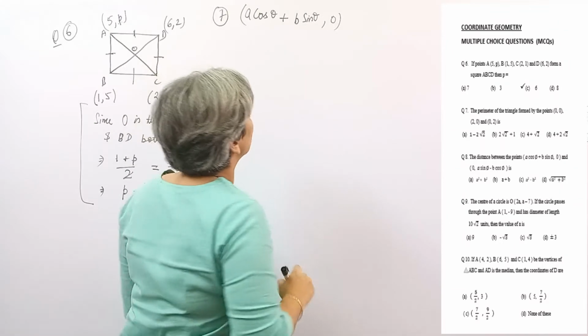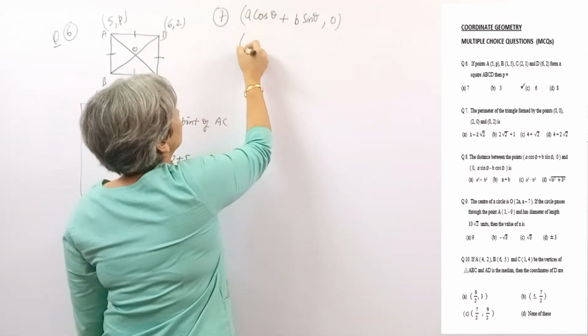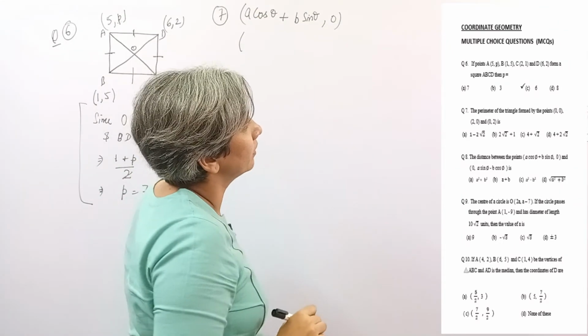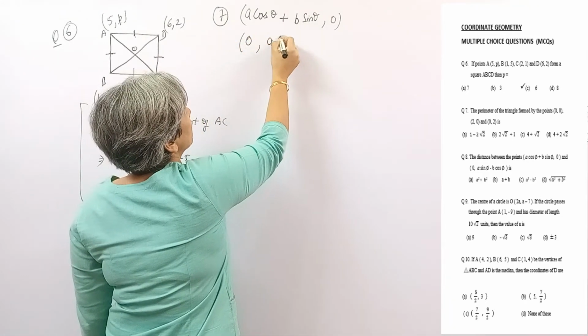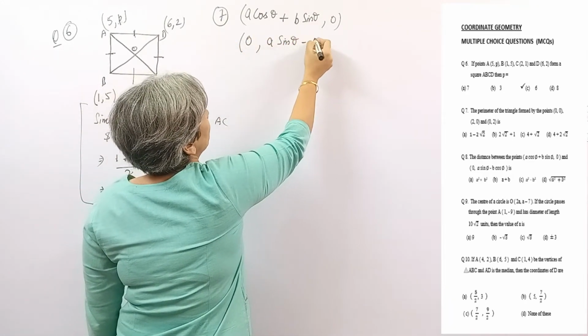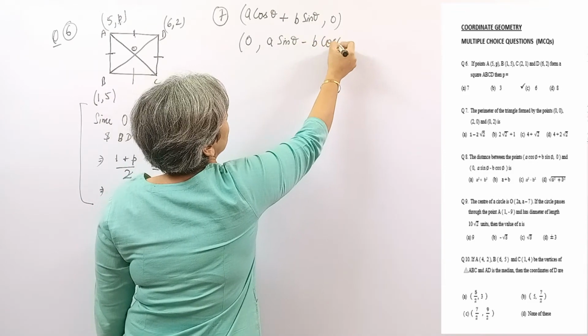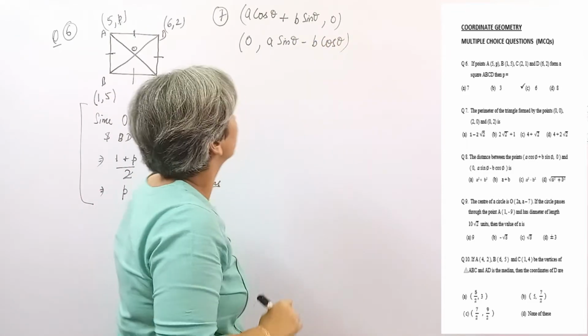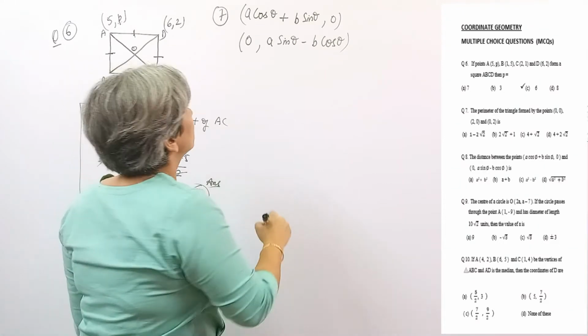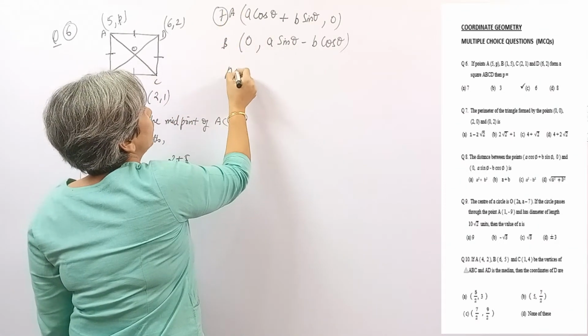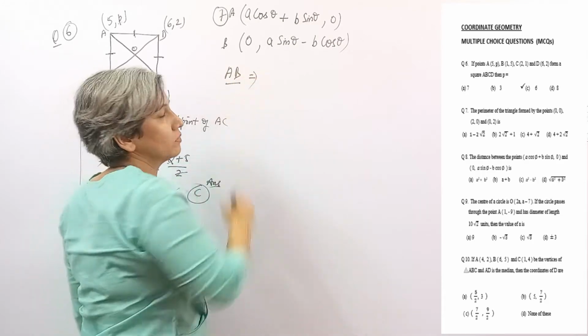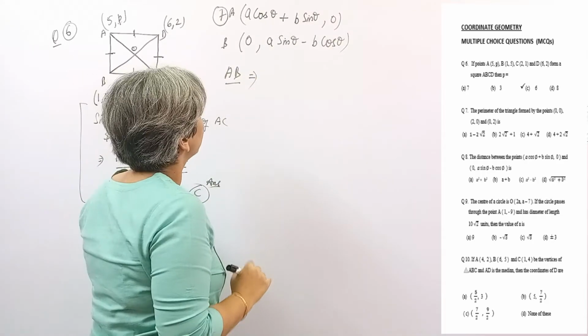This is one point given and the other point is 0 and a sin theta minus b cos theta, right? So these are the 2 points, say A and B, and we have to find out AB, the distance between the 2 points, right?